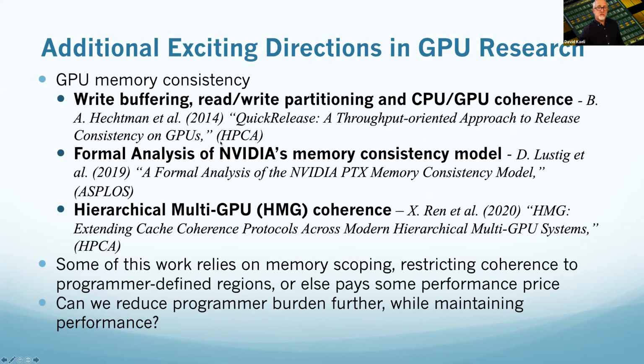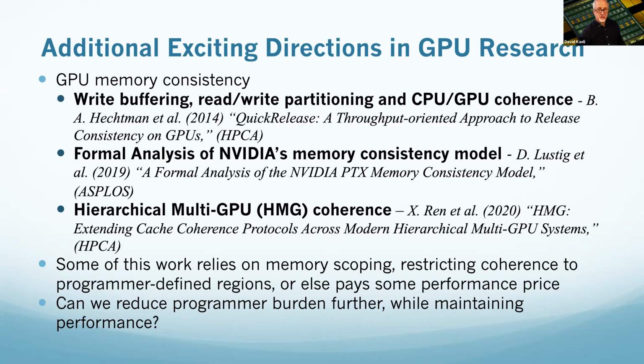In terms of additional directions: memory consistency and write buffering. Read-write partitioning and GPU coherence were done in the QuickRelease work that appeared in HPCA 2014. I think these are all interesting approaches. There was also a formal analysis of NVIDIA's PTX memory consistency model, in ASPLOS 2019, done by Dan Lustig, who's at NVIDIA.